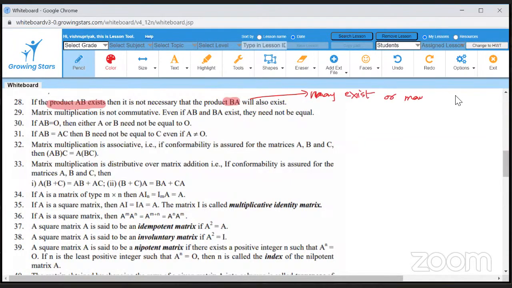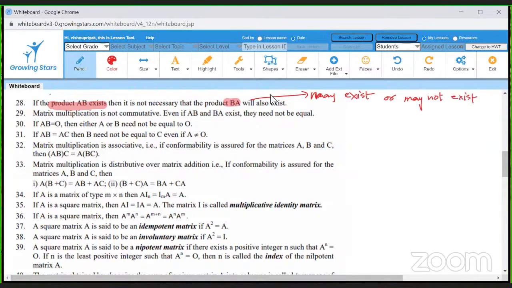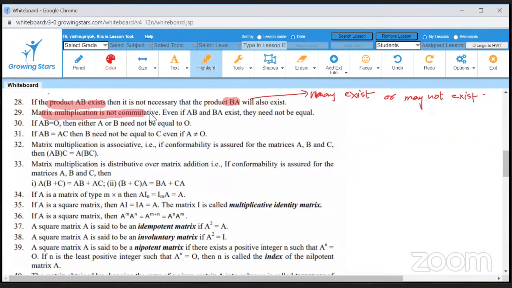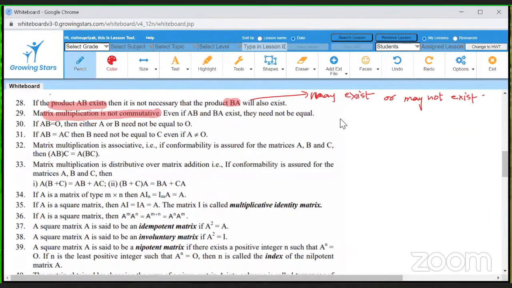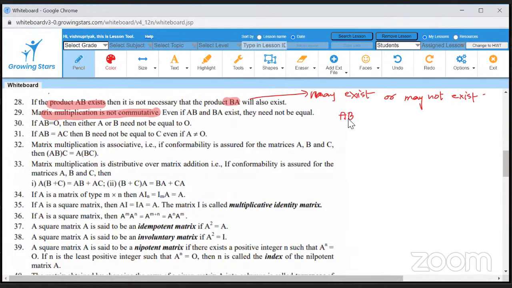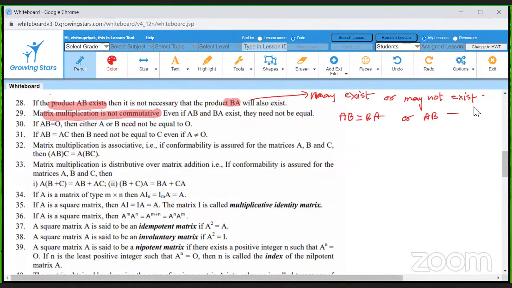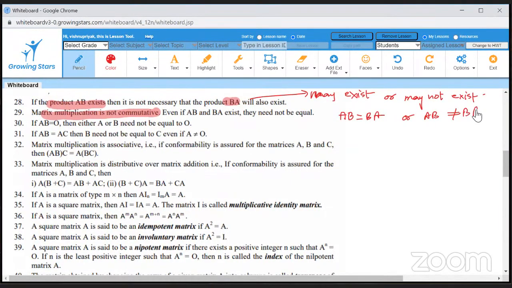Sometimes BA you cannot find. Next, matrix multiplication is not commutative. That means sometimes AB will be equal to BA. Sometimes AB will not be equal to BA in multiplication.